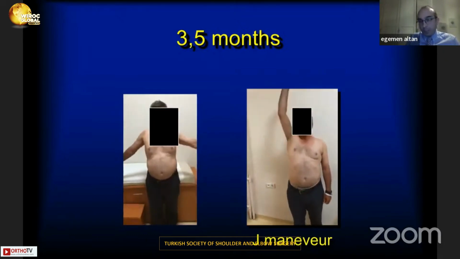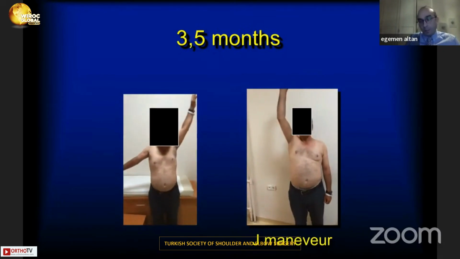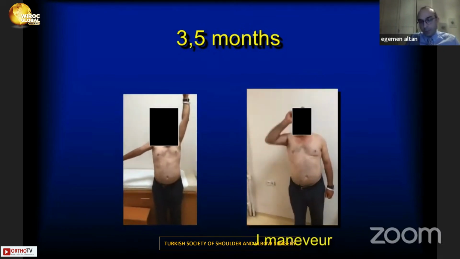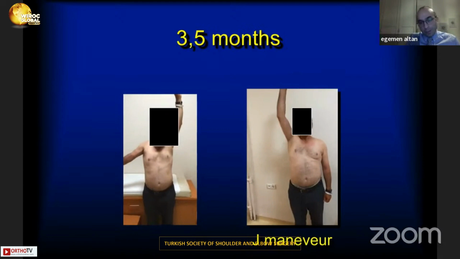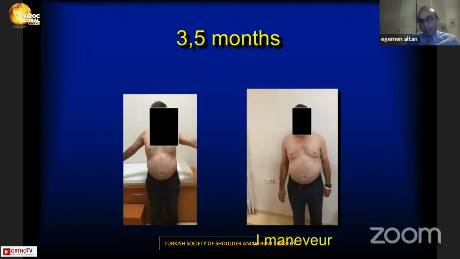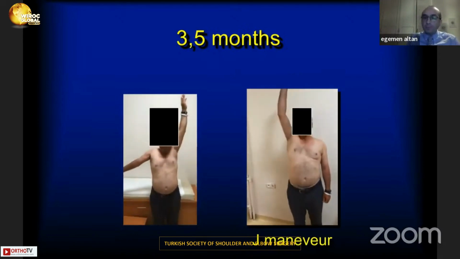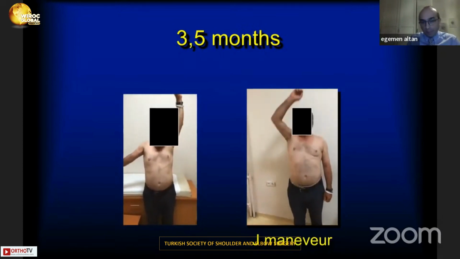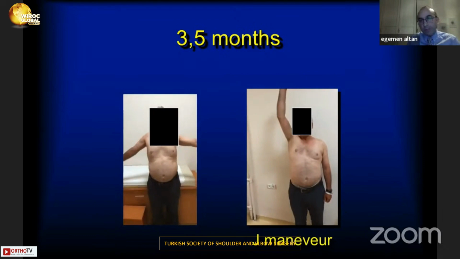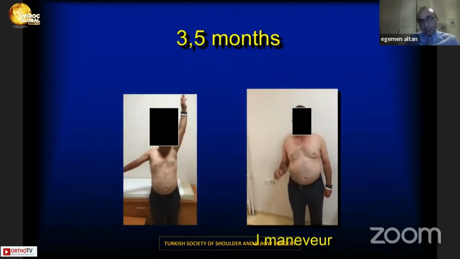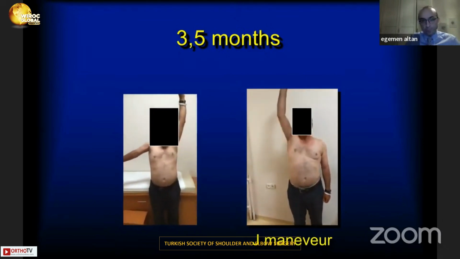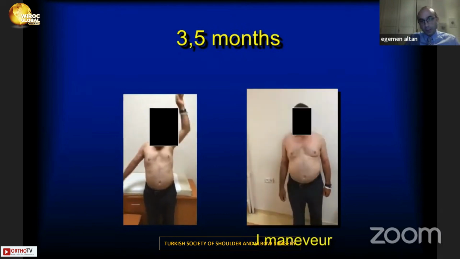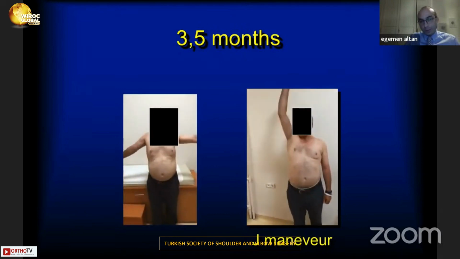These patients must be educated about this J maneuver. As I described before, the latissimus dorsi is the internal rotator and the adductor, and we are aiming to abduct or elevate the arm by triggering the adduction position, starting with the adduction and finishing it in abduction.